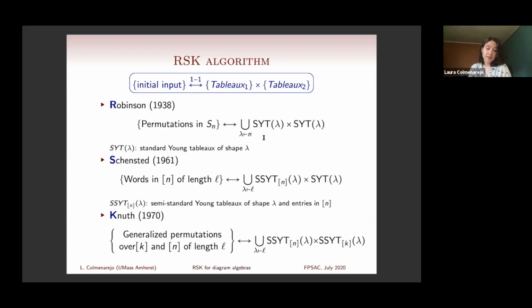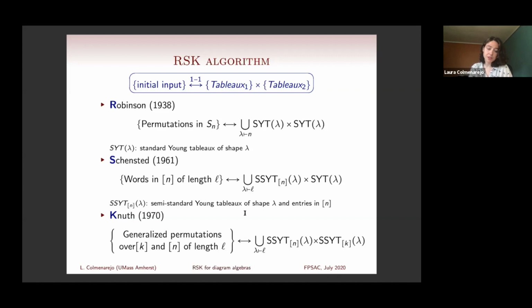A few years later, in 1961, Schensted generalized from permutations to words in the alphabet 1 up to n, of length L. Instead of having pairs of standard Young tableaux, one of them is now the set of semi-standard Young tableaux of shape lambda, again the same shape between them, with entries in the alphabet 1 up to n.